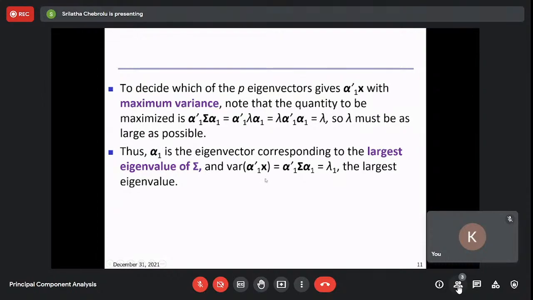The variance equals lambda 1; this is the sum of the squares of the distances of the projected points to the origin. That is the variance.